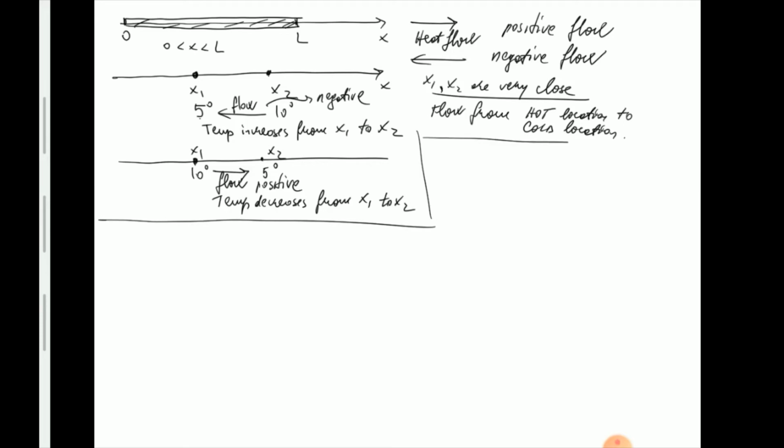One terminology that we're going to use here is that the change of the temperature from one location to another is called the temperature gradient.